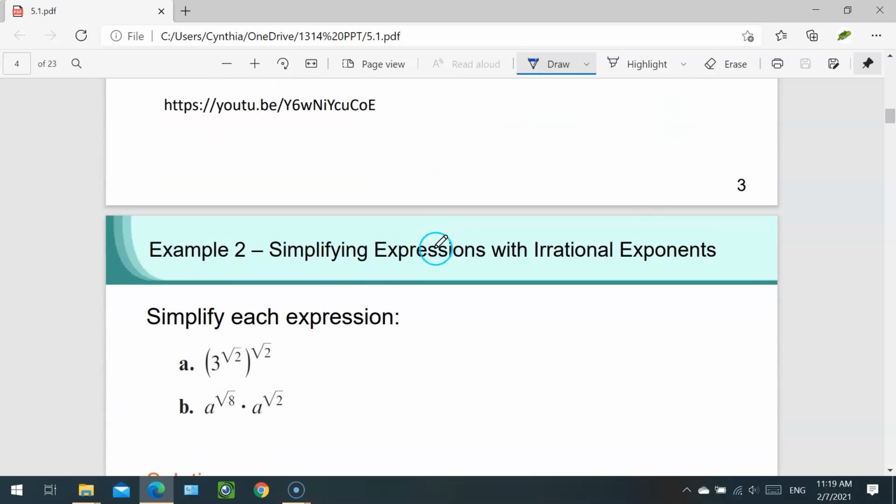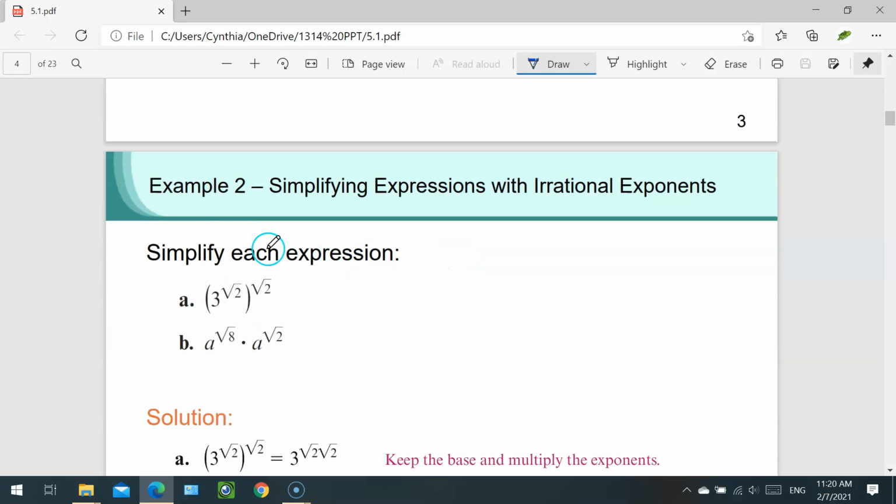How do we simplify the exponential expression? Let me give you a quick review.